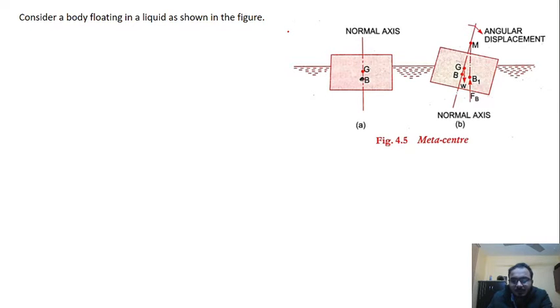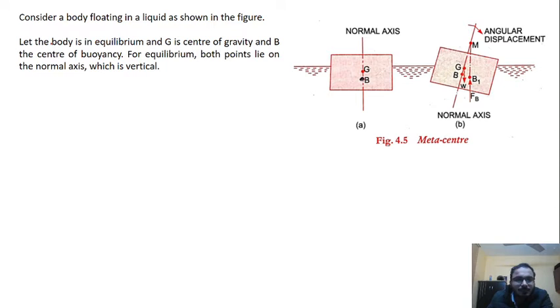And now let the body be in equilibrium, and G is the center of gravity and B is the center of buoyancy. So for equilibrium, both points lie on the normal axis, which is vertical, that is over here. So this is the equilibrium condition.